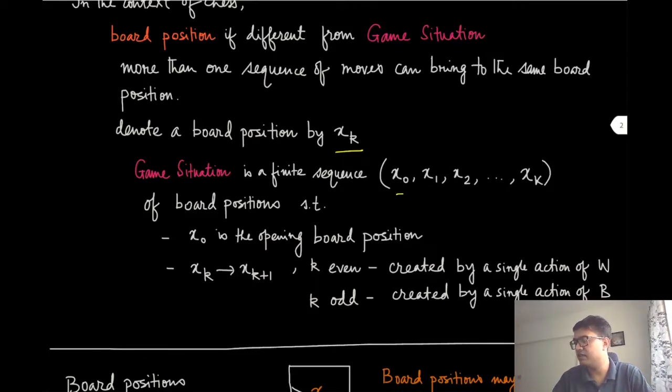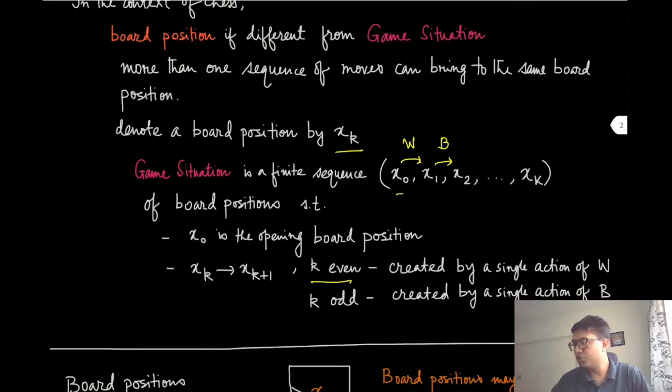But then, based on whichever action has been chosen by each of these players, first white chooses an action, and it goes to a board position x1. Then black chooses another action, which leads to the board position x2, and so on. Finally, if k is even, then you know it's the turn for white to play, and if it is odd, then the next action will be taken by black.